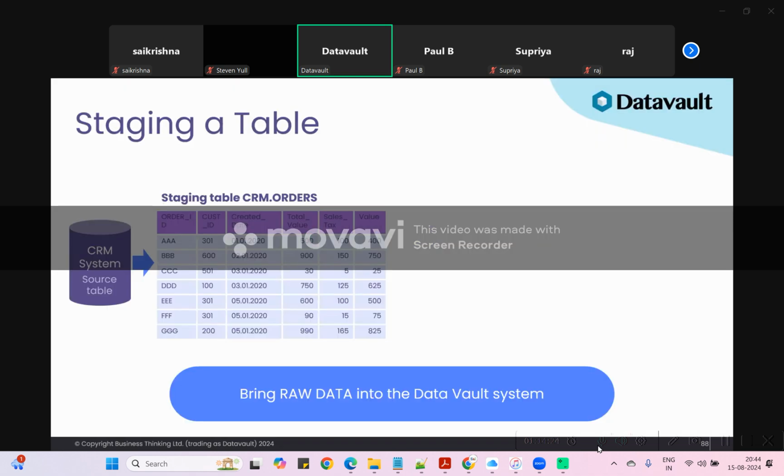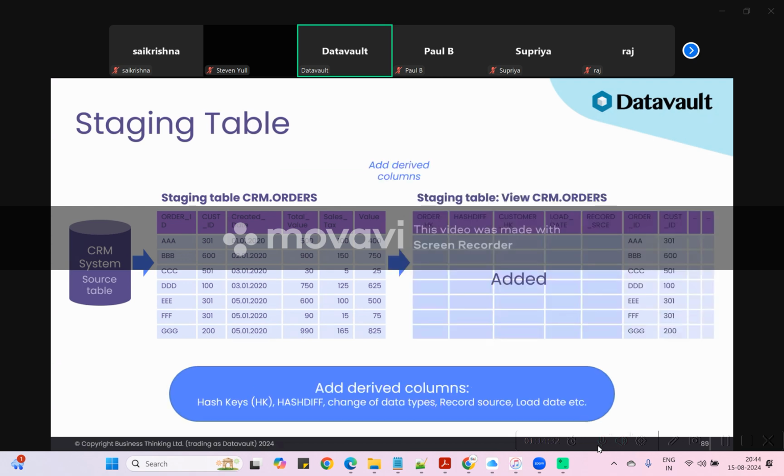Okay, so here's a stage table. We've got the orders table from the CRM system. And we're going to basically add these extra columns in the view. So we would hash the keys. So we have a key for order ID in there, AAA, we'd hash that to get an order hash key.